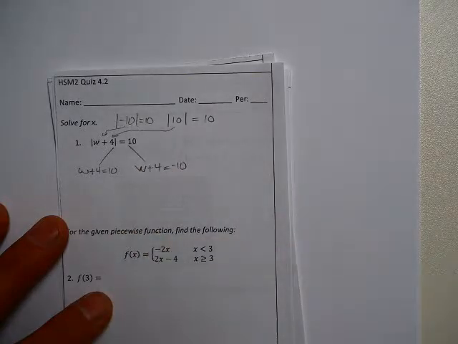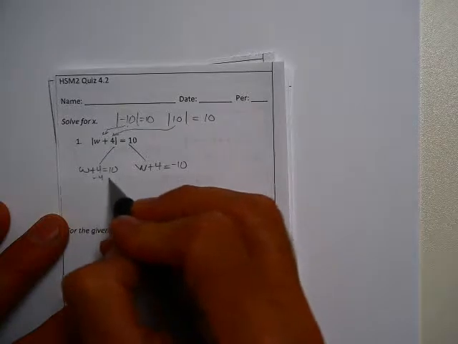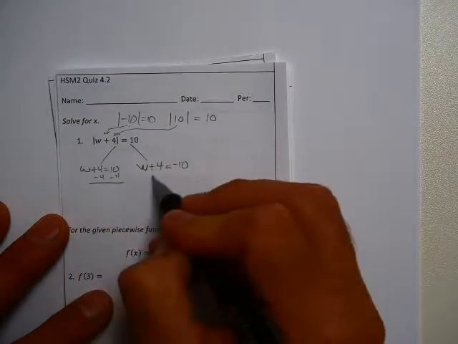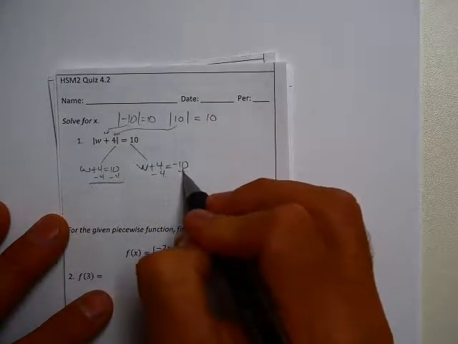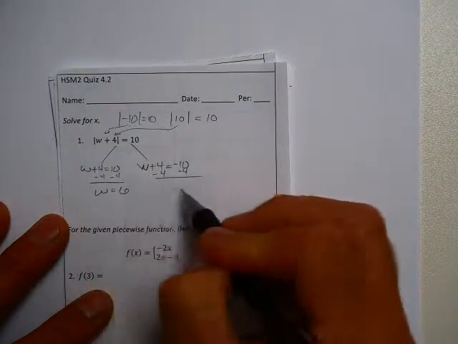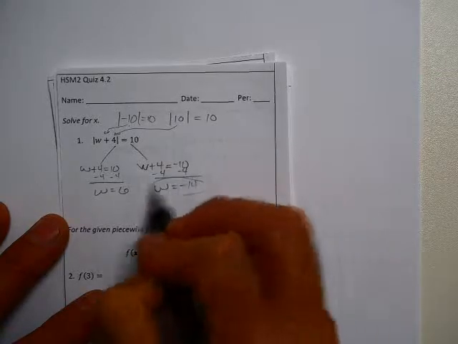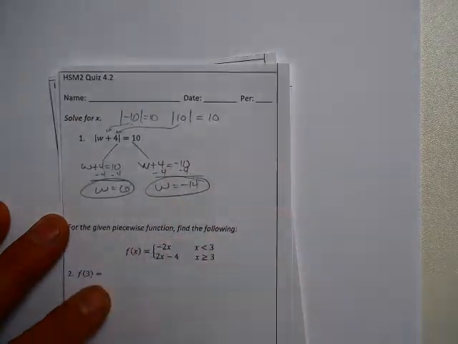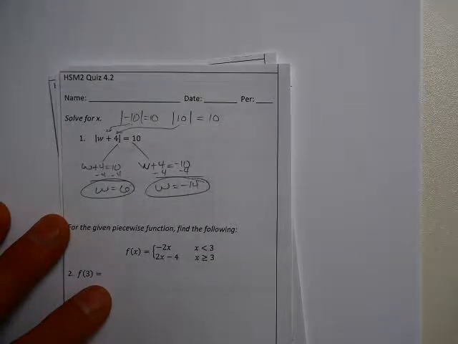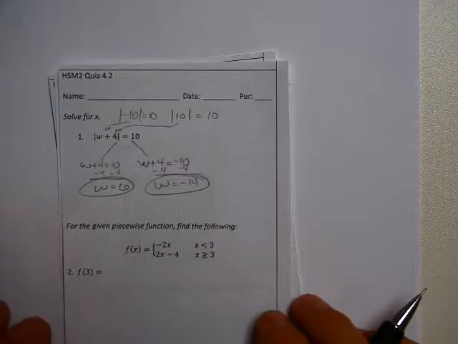Because what if that number inside is negative? Well, then we've got to deal with that. So I'm going to subtract 4 from both sides here. Subtract 4, and I get w equals 6 and w equals negative 14. They are both answers, and that was 2 points, a point for each.